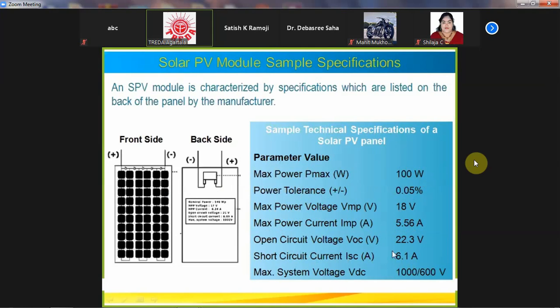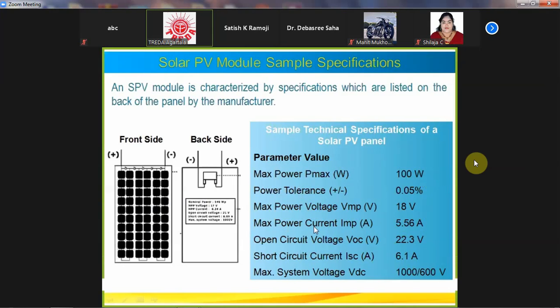This is the open circuit voltage, and the standard is 25 degrees centigrade, the standard temperature. If a module gives 100 watts at 25 degrees, then it is called a 100-watt module.